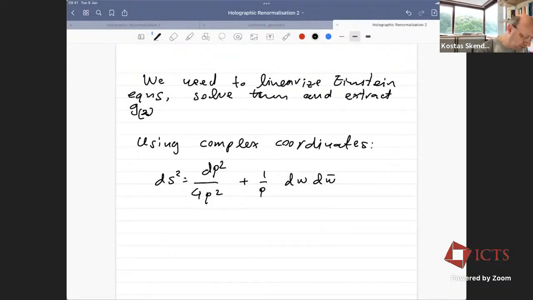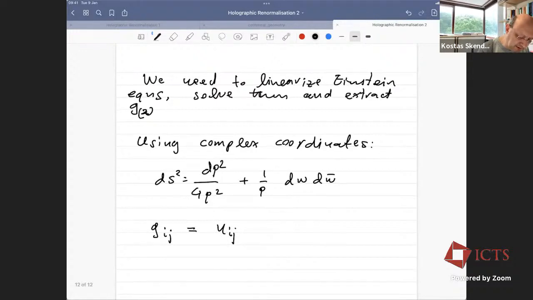And now we want to introduce the deformation of AdS, which will be our perturbation, and which will depend on complex coordinates. So this is our perturbation.